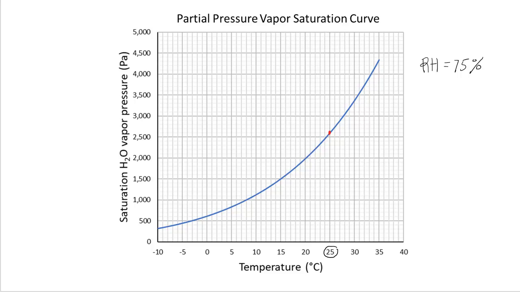So it's about 2,600 pascals. The partial pressure of H2O at saturation is equal to 2,600 pascals.